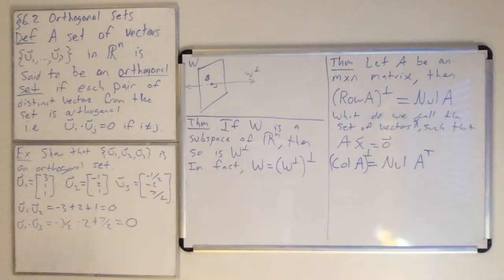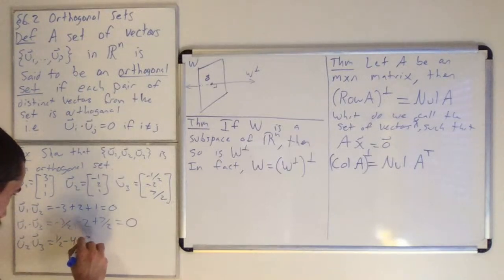And then the last, we have to check U2 dot U3. We get 1/2 minus 4 plus 7 halves.